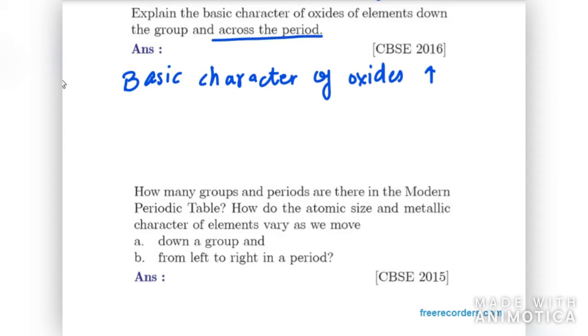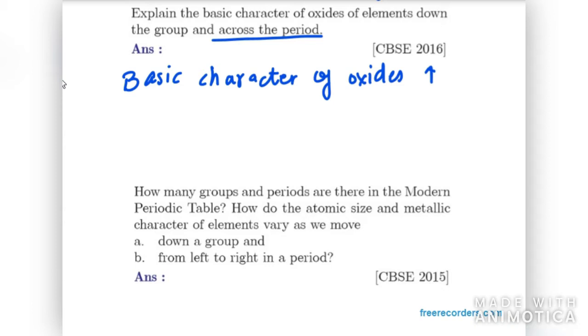Now, the second one, across the period. So, basic character of oxides decreases in this case. Why? Because along the period from left to right, non-metallic character increases and metallic character decreases.